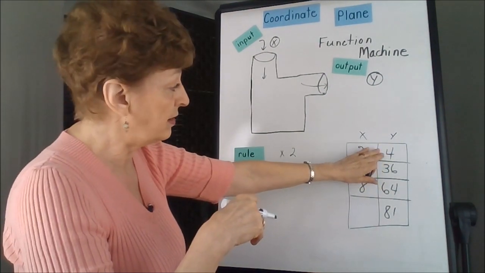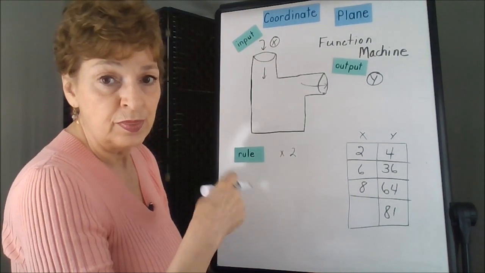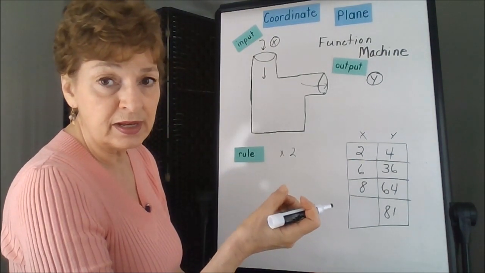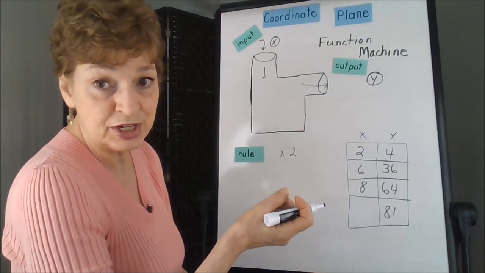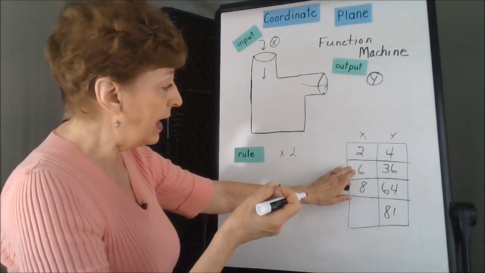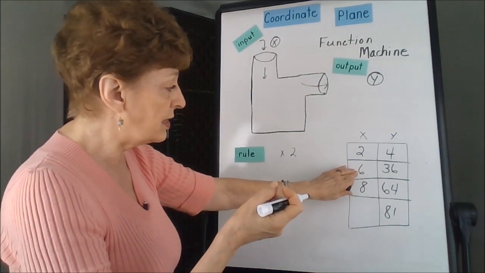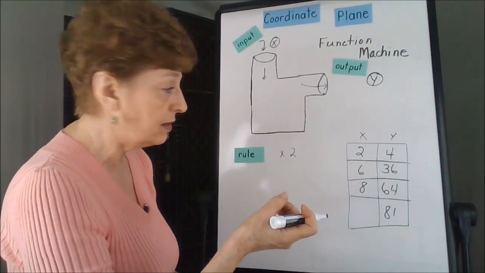Okay, so we've got 4 and 36, 64, 81. Those are the doubled numbers that we studied when we were learning our multiplication tables. Aren't you glad you spent so much time learning those? Here it is again. How did we get to 6 and 36? What is the relationship with that?